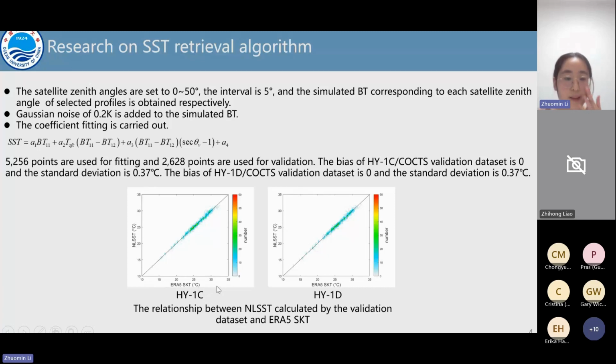We can see the NRSST from the validation dataset is consistent with the profile SKT, indicating that the algorithm performs well. And we use the obtained coefficients to retrieve SST based on the observed brightness temperature, and then we received the SST from COCTS.